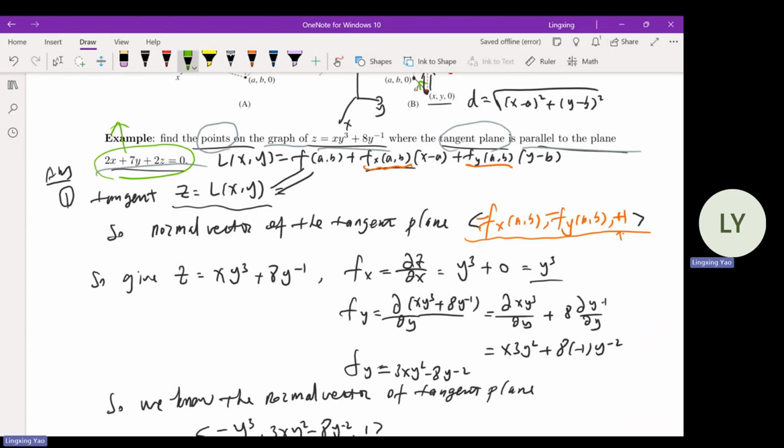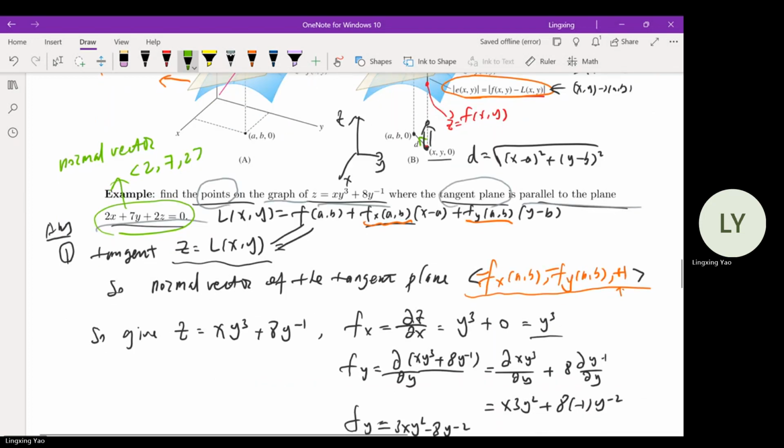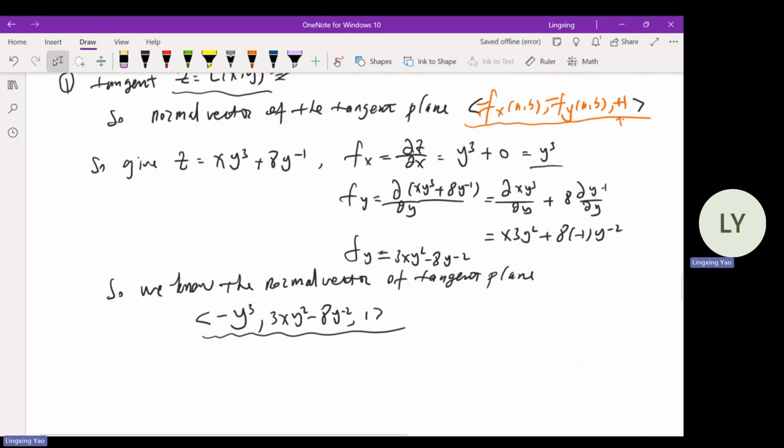Let me write it here. Normal vector, hopefully we still know how to find it. It is 2, 7, 2, right? Okay, so we know this plane has a fixed normal vector, and we know the tangent plane on the graph function has this normal vector.